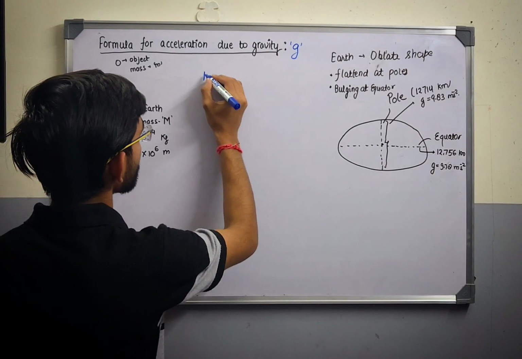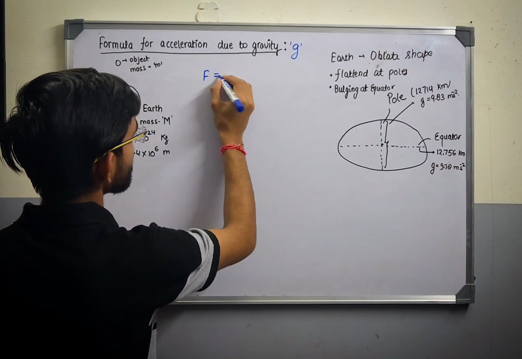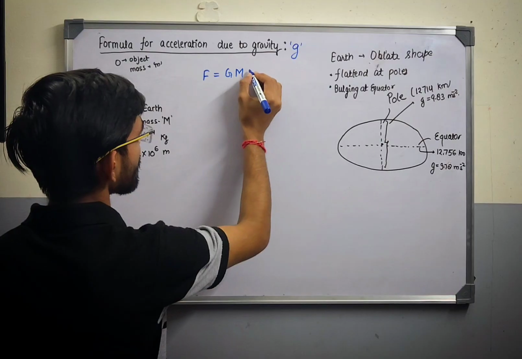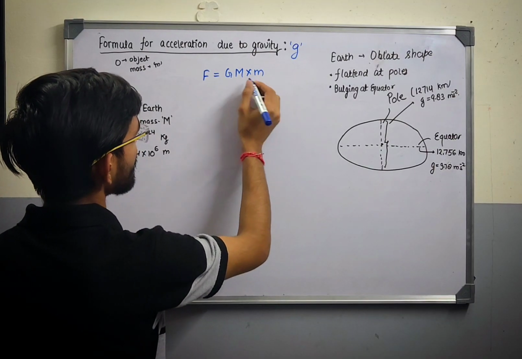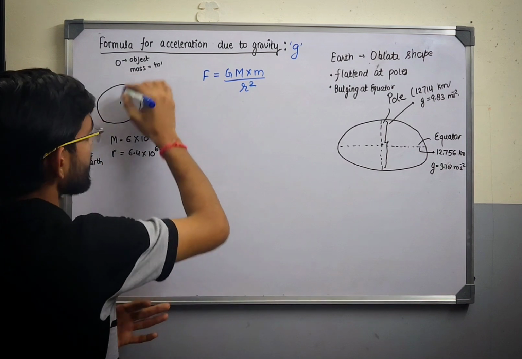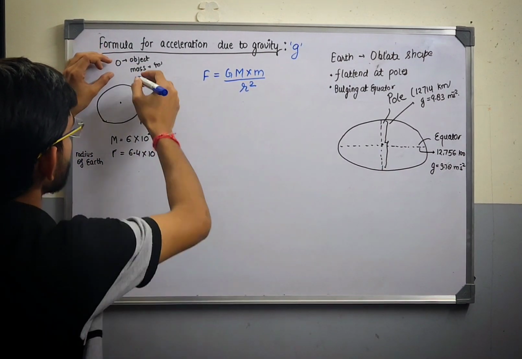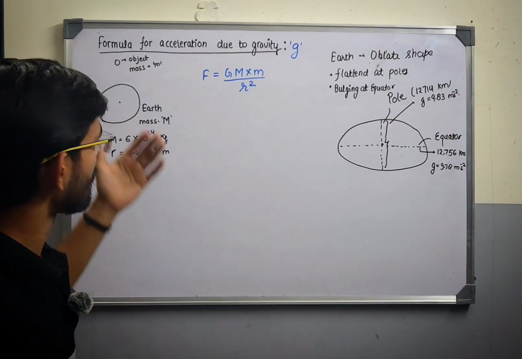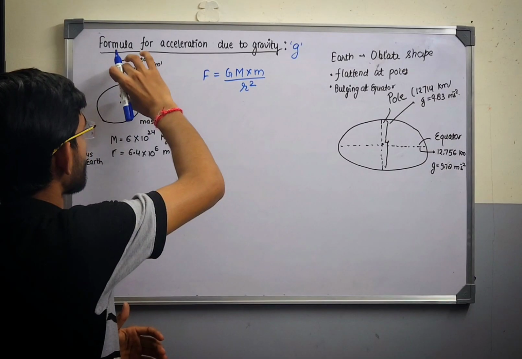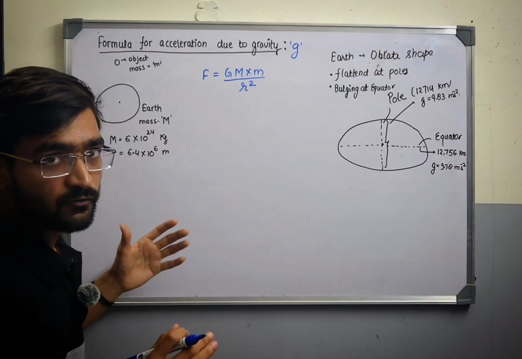Now I can write the gravitational force between this object and Earth as G, capital M, the mass of Earth, into small m, the mass of the object, upon r squared, and this r is the radius of Earth. Suppose this object is at a negligible distance from the surface of Earth; that's why we can consider the distance between Earth and the object as the radius of Earth.